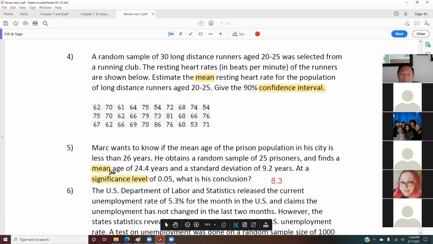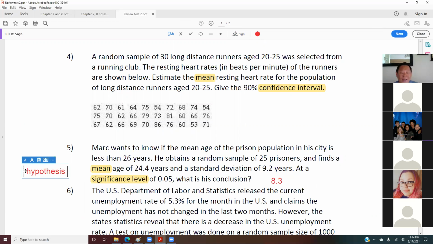This is what we call hypothesis testing, which is in chapter 8. This is for the mean in this case.